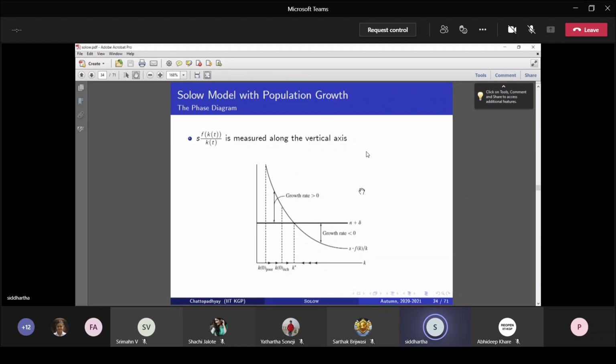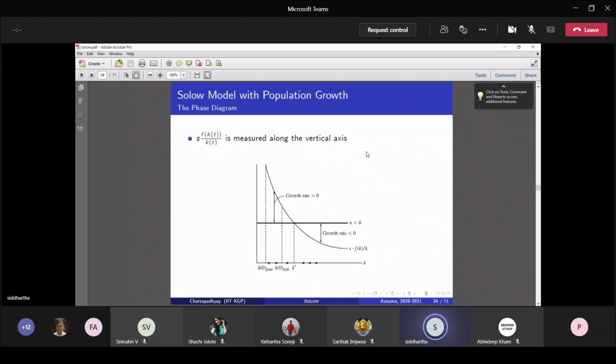And as a result, capital is more productive in India than in USA, and hence the difference in the growth rate. The poor country is growing at a higher rate compared to the rich country. So in a normal situation, India was growing at something around 6% after 1990, but the rate of growth of USA was something around 2%. And this is the explanation of that.